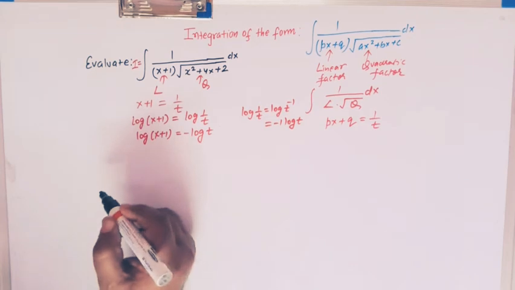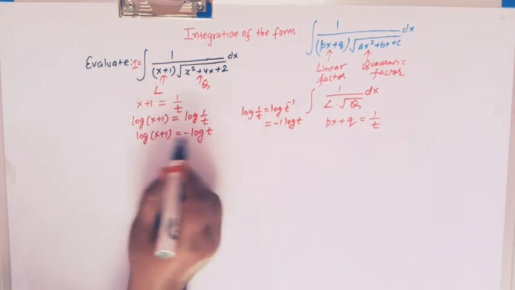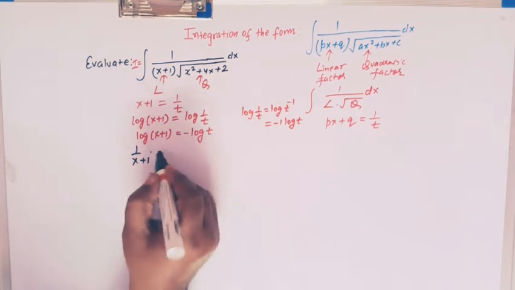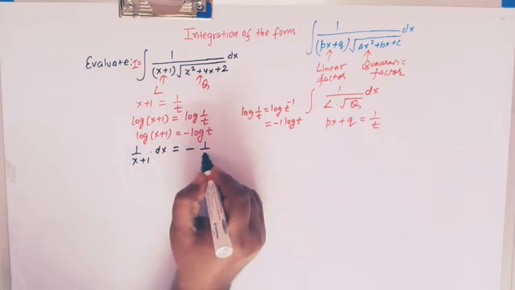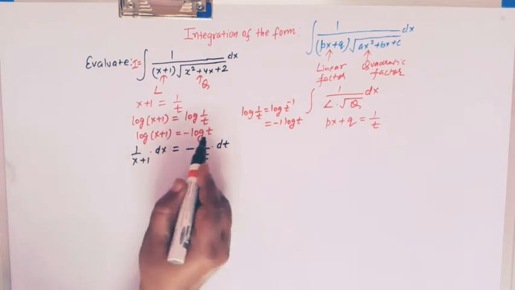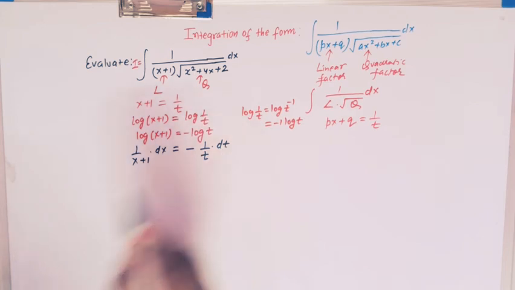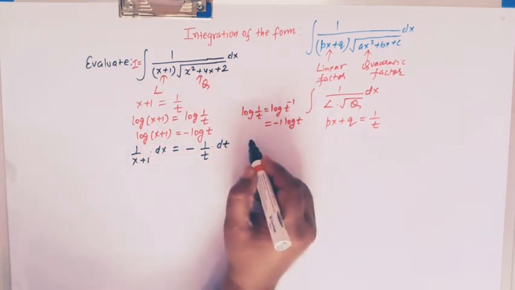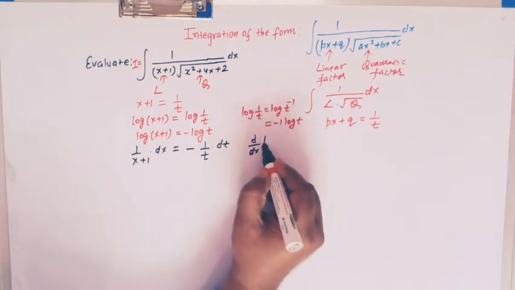Now we will differentiate both sides. If we differentiate both sides, then we'll have 1 over (x plus 1) dx, and here we have minus 1 over t dt, because the derivative of the log function is 1 over x.